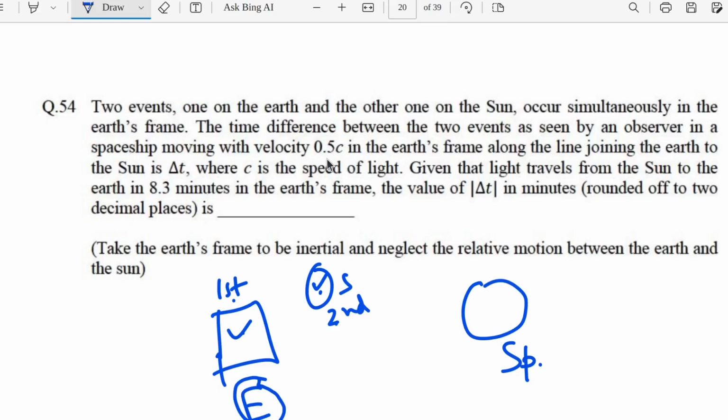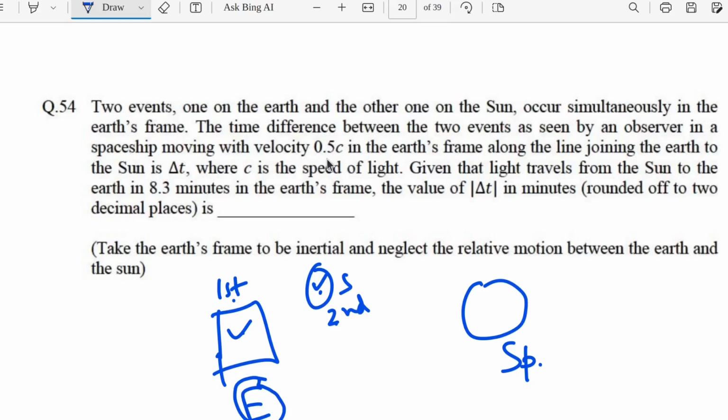So it's very simple: we have to tell what the time difference between these two events will be according to the spaceship frame of reference, when in our earth's frame these two events are simultaneous. I hope you can understand the question clearly.